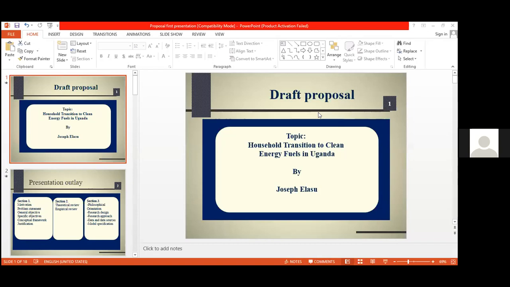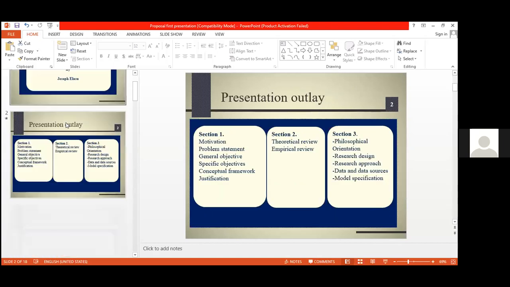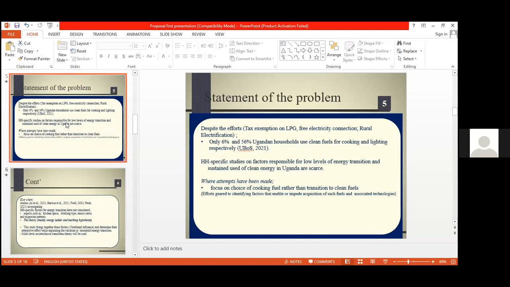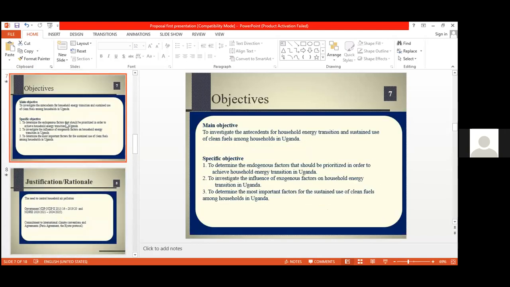Point number three is about the specific objectives. In the general objective, we are using the action verb investigate. If you can move your slide to objectives. We are using the action verb investigate in the general objective. But when you come to specific objective number 2, again there is the use of the same action verb, investigate.